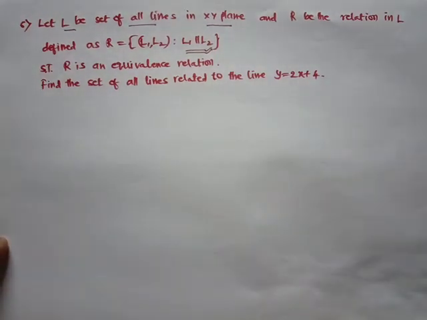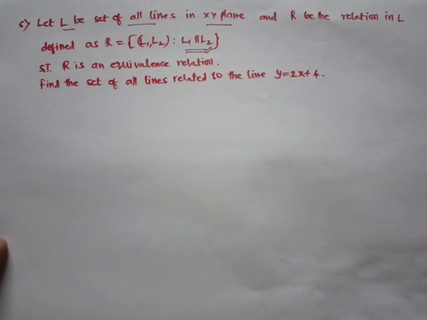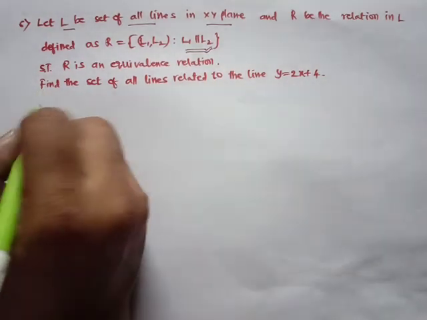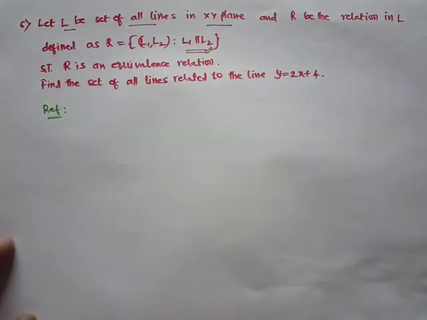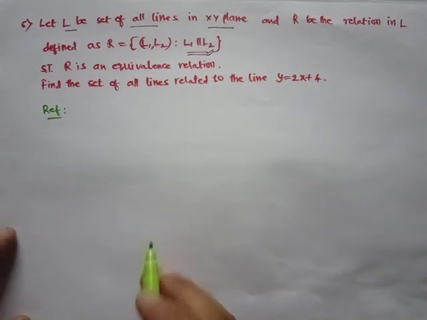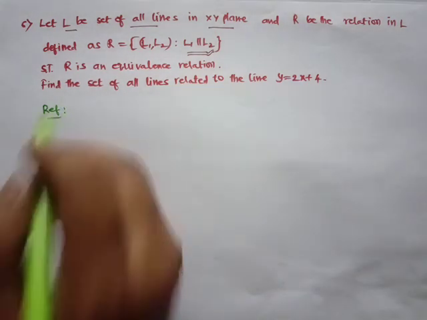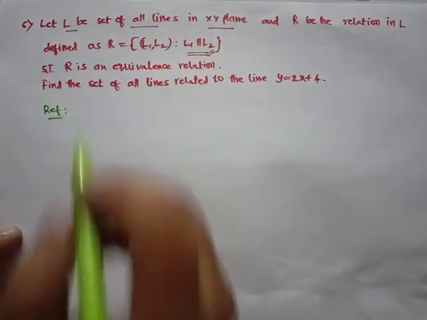Now we'll see first of all whether the given relation will be reflexive or not. Reflexive: each and every line is parallel to itself.